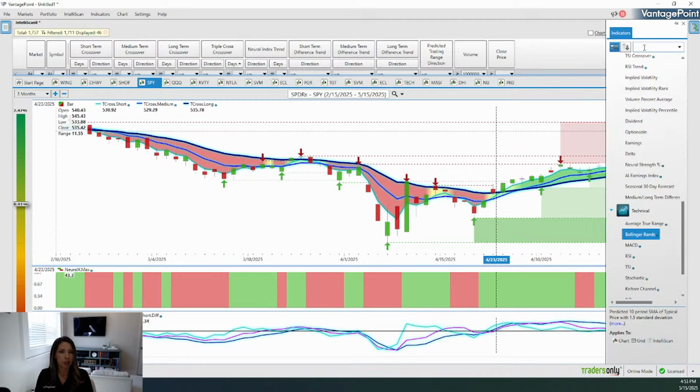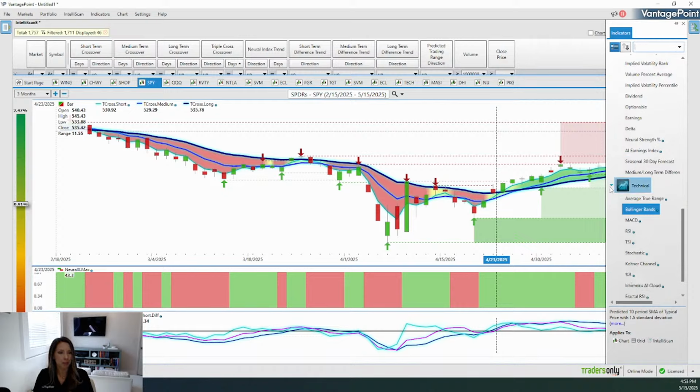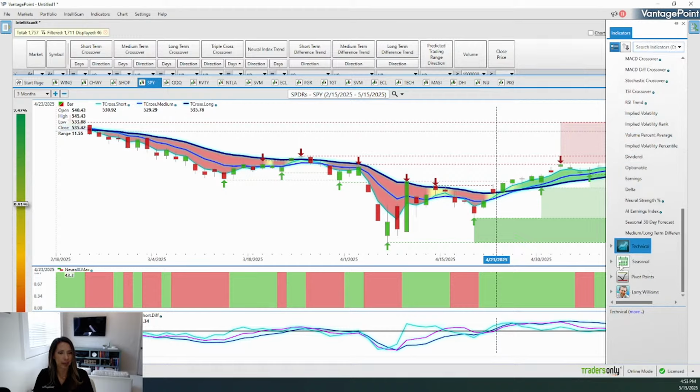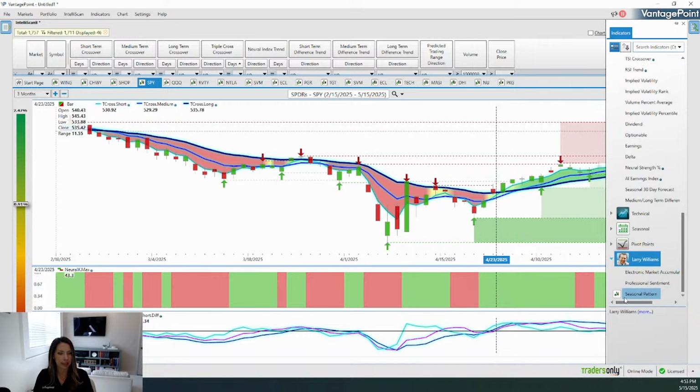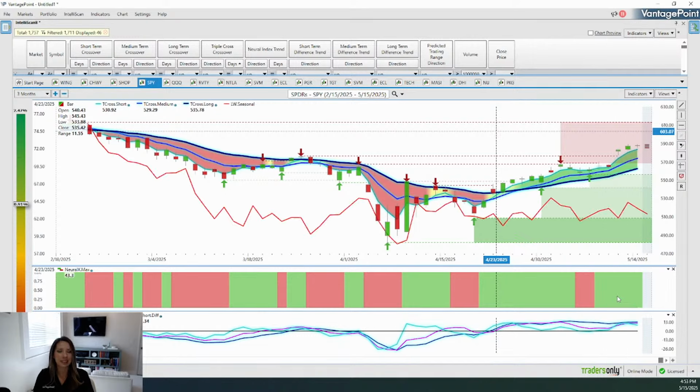All right, so here what we can do is we actually have this really, really powerful indicator that was developed by a guy you might know. His name's Larry Williams, that handsome guy down there. If you ever see him, let him know I said that. All right. And I'm going to add on our Larry Williams seasonal pattern to our chart here. So our seasonal pattern can help us to better understand what this market typically does during this season.